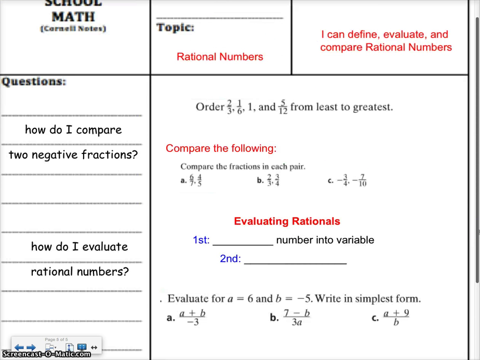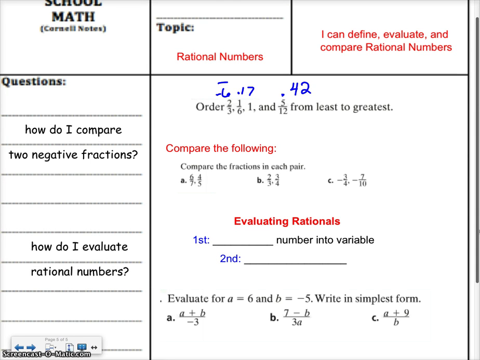Okay, this next data set, I am just converting everything to a decimal. 1/6, I'm going 1 divided by 6 in my calculator, and I get 0.17 rounded. And then 5/12, I'm going 5 divided by 12 is 0.42 rounded.